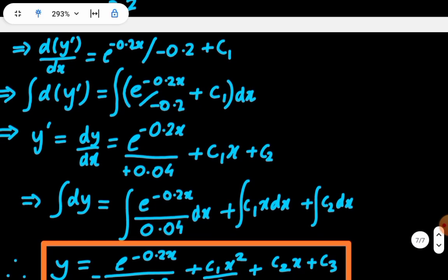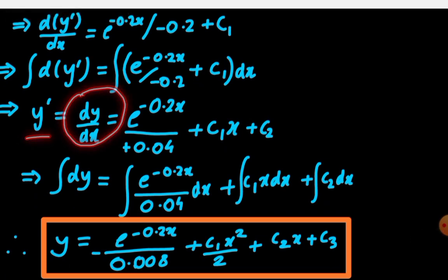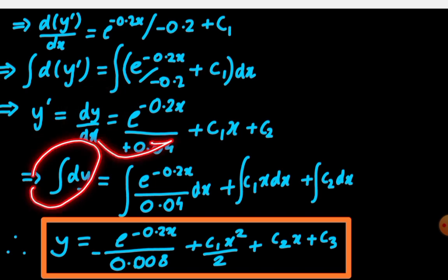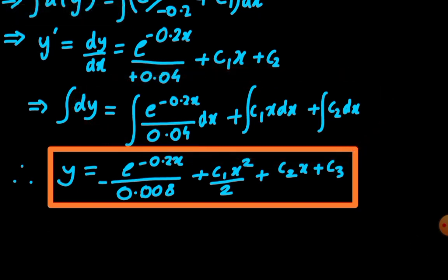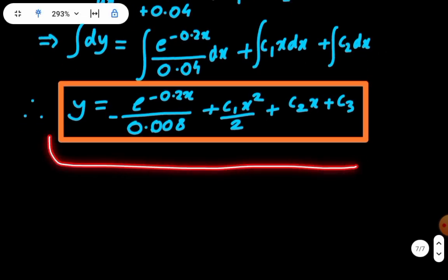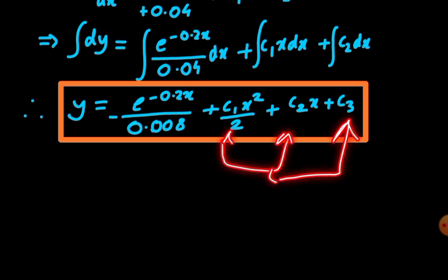Alright, now lastly we write y prime as dy by dx, take dx to the other side, and again considering c2 in our integral, we get this final monstrous solution of our differential equation, where three constants are present, right?